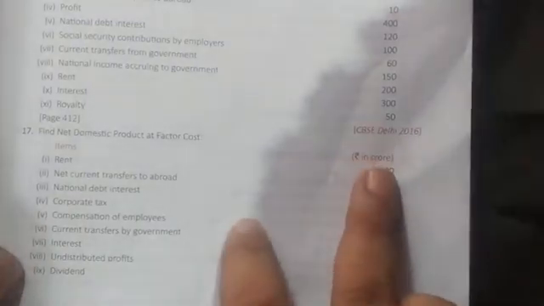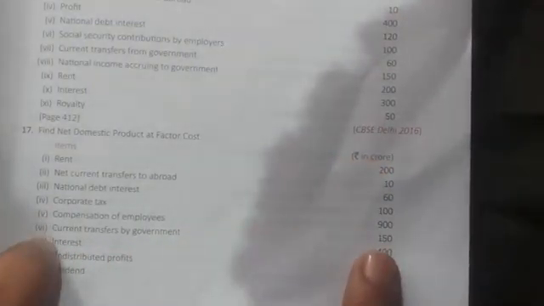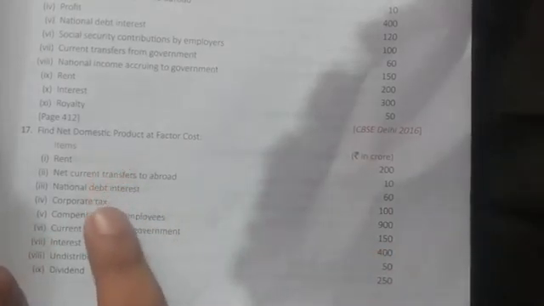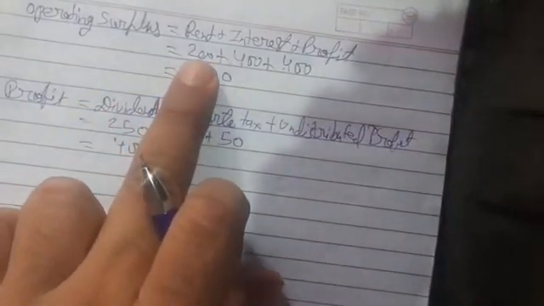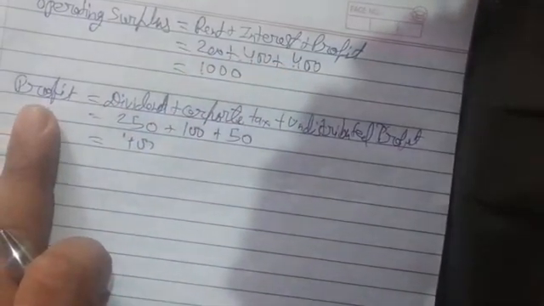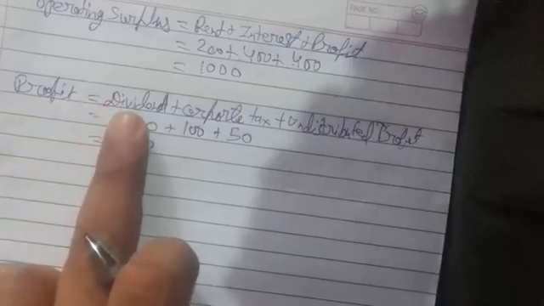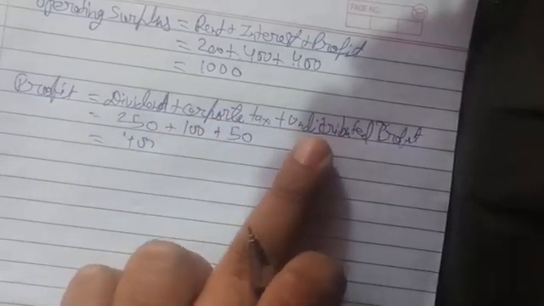Now we should look for rent, interest and profit. Rent is given here 200, then interest 400. Undistributed profit is given but profit is not given, so we will calculate profit. The formula of profit is dividend plus corporate tax plus undistributed profit.